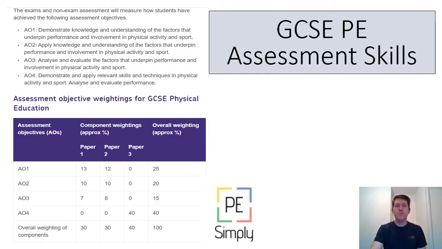So let's first of all look at the GCSE PE assessment skills, and specifically we're looking at the course for AQA PE. Ultimately, when we look at this course, remember we have two theory papers. Paper 1, the anatomy and physiology section, and paper 2, which looks at the socio-cultural influences.